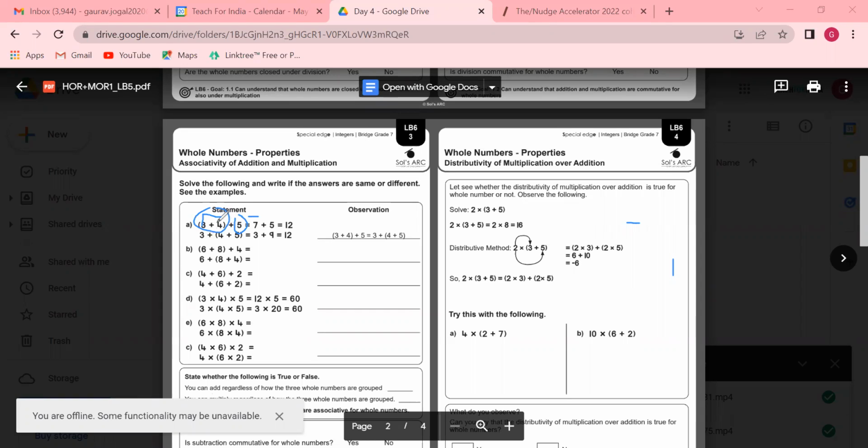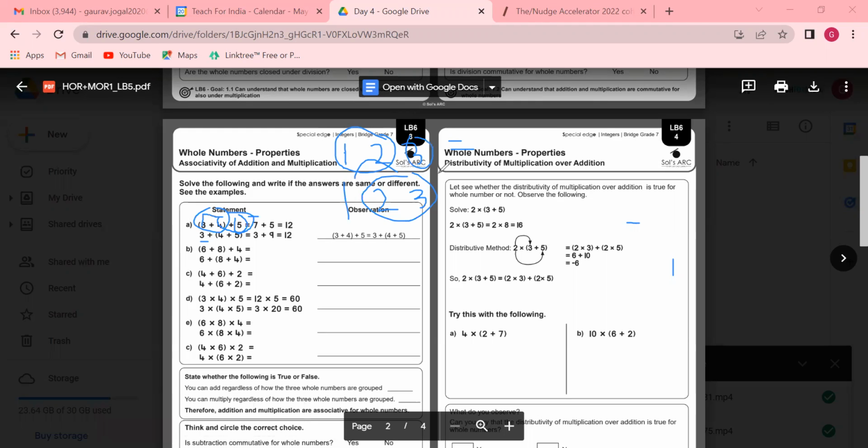Now if I add first 4 plus 5 and then add 3, the answer is also the same. That means if there are three numbers 1, 2, 3, if I first add these two and then add this one, or if I first add 2 and 3 and then add 1, the answer will be the same. So the order of addition doesn't make any difference. This is called the associative property. If there are three numbers, their grouping makes no difference. When you solve this, you will be more clear.